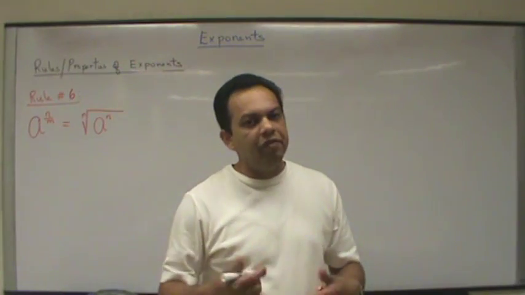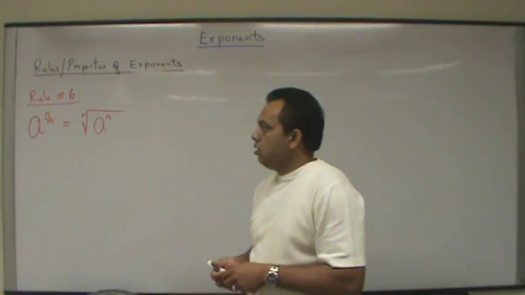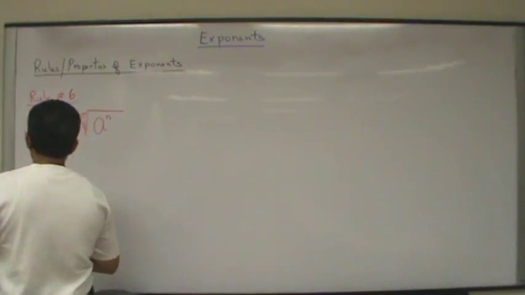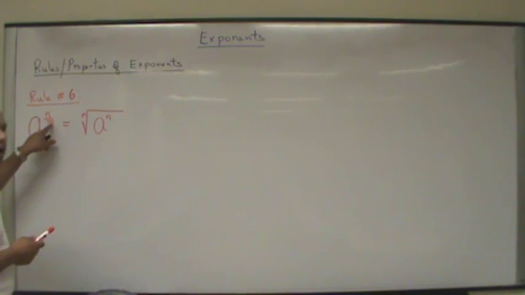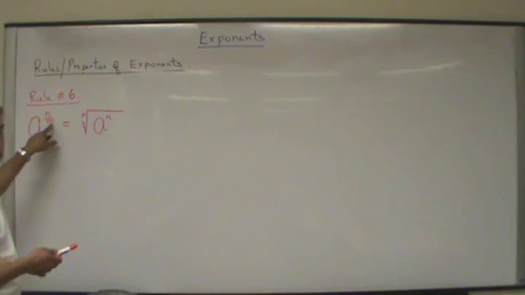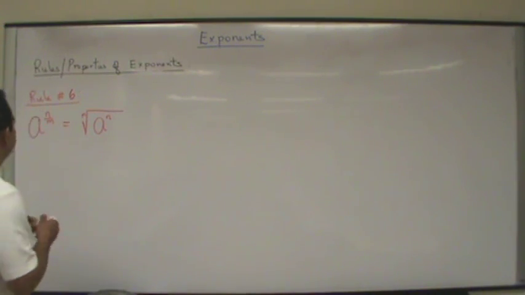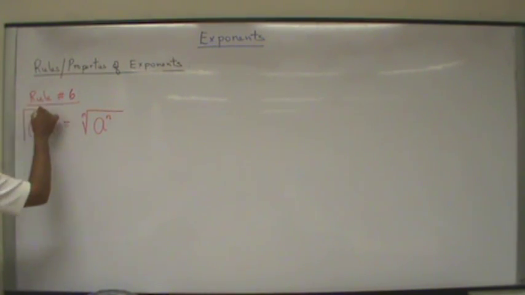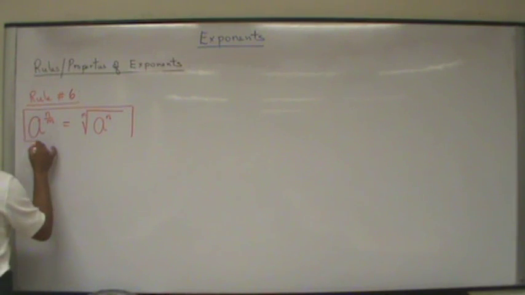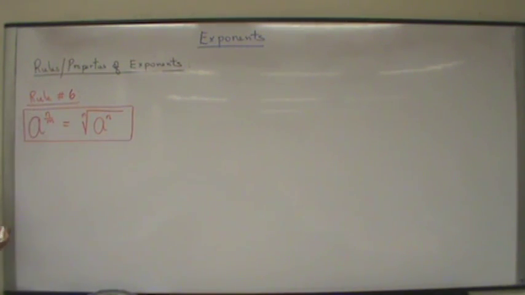If it's a 4, it will be the 4th root, and so forth. So when you're dealing with a fractional exponent, the denominator tells you the root, if it's a square root, or a 3rd root, or a 4th root. So here is my rule. And what we're going to do now is look at some examples.